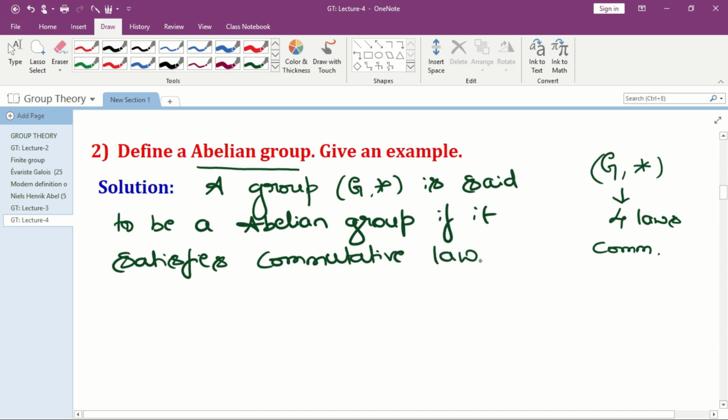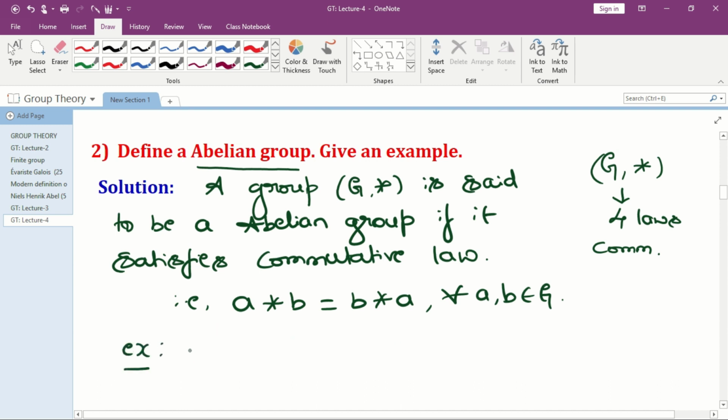So what is commutative law? That is A star B is equal to B star A, which is true for all A, B belongs to G.